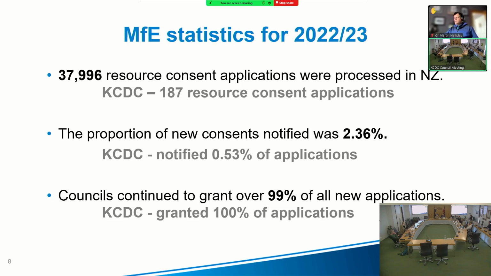What I'm seeing in the time that I've been here is that we are growing, and we are growing at a clip. We've introduced the new medium density rules because we are a tier 1 region, and with that comes a heap of challenges for a community that was small to medium that is now seen as the region's growth node.